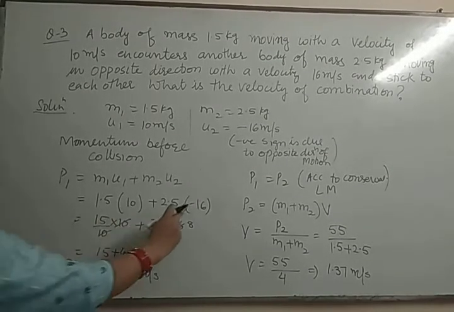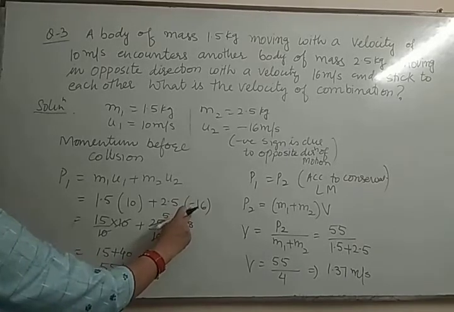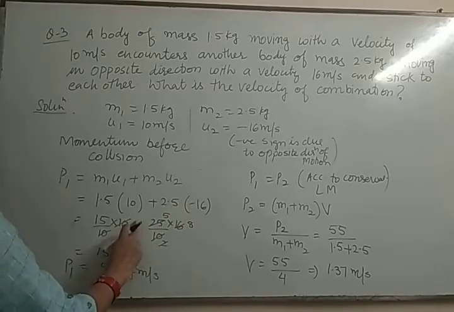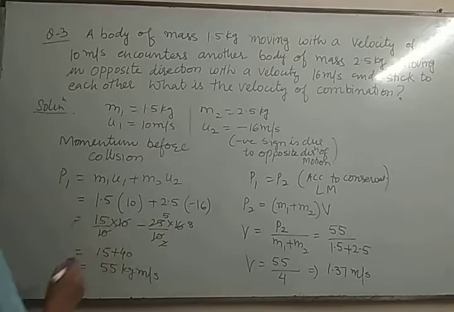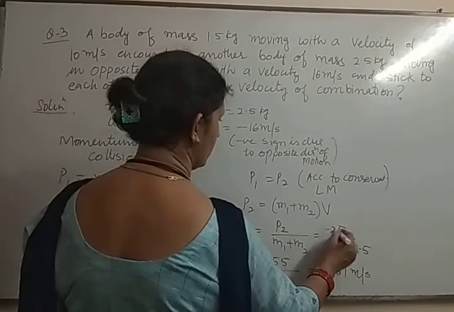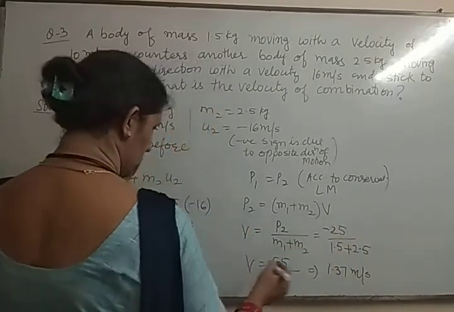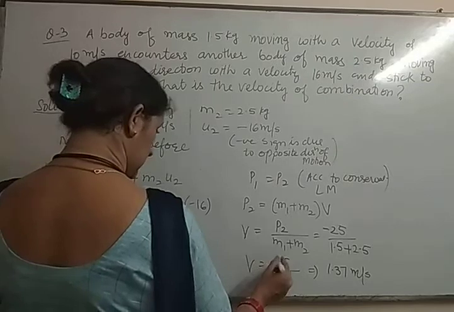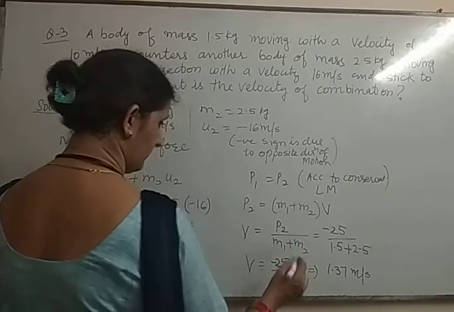Here we forgot the minus sign to adjust. This was minus 16. Here it will be minus 16. Correct it. This is minus 40. It means this is minus 25. Correct it. And here is minus 25.